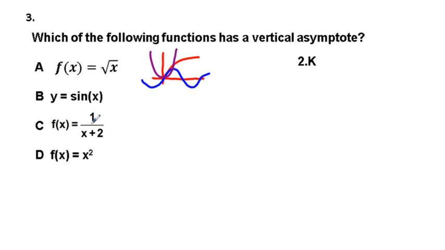But if we graph this, 1 over x plus 2, x plus 2 cannot equal 0. So subtract 2 from both sides, x cannot equal negative 2. So we have a vertical asymptote, x equals negative 2. The function looks something like this. Yes, only one possible.